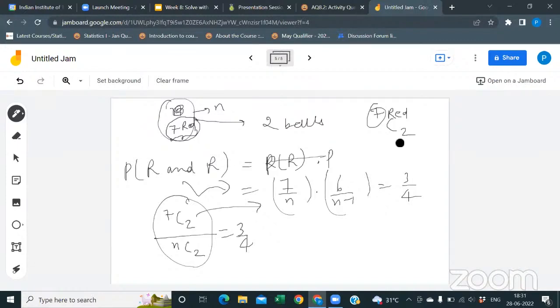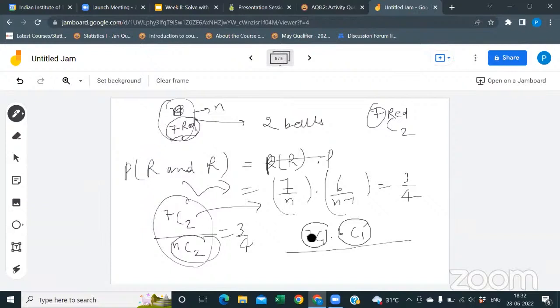That approach is wrong, 7C1 into 6C1. See, if you're doing 7C1, that means you are choosing one ball out of 7, right? Then again you are selecting one ball out of 6. Then what should be the denominator? This denotes that we are not doing this activity simultaneously. We are doing it one after another.